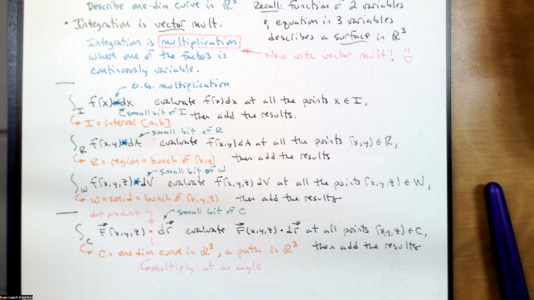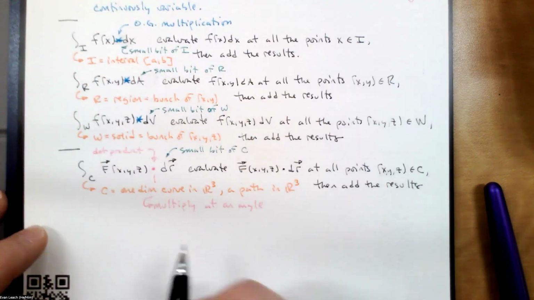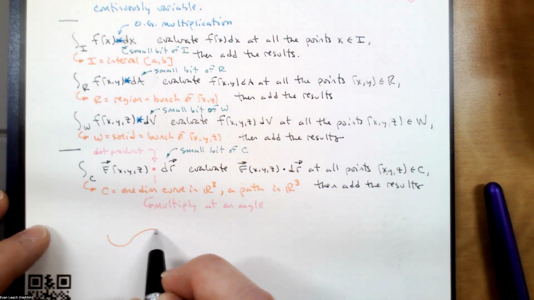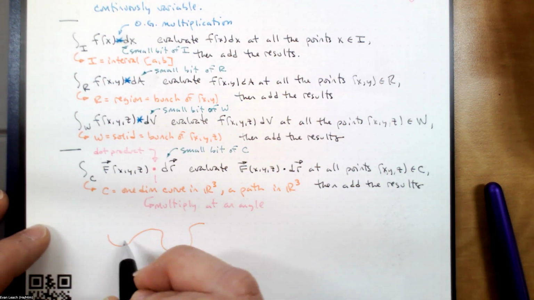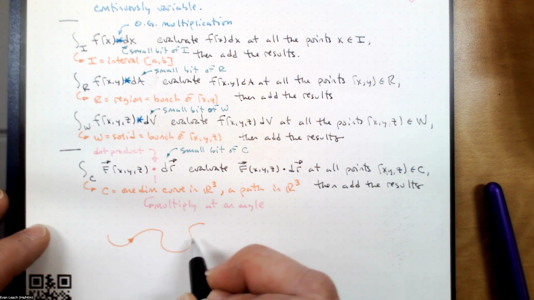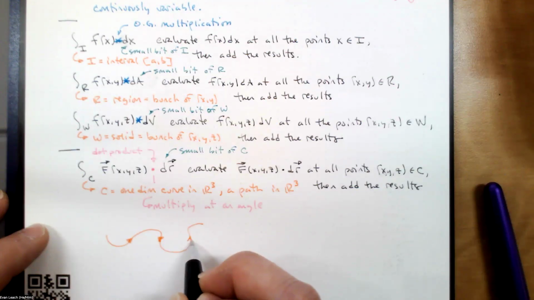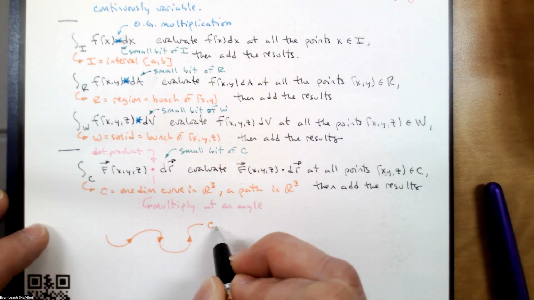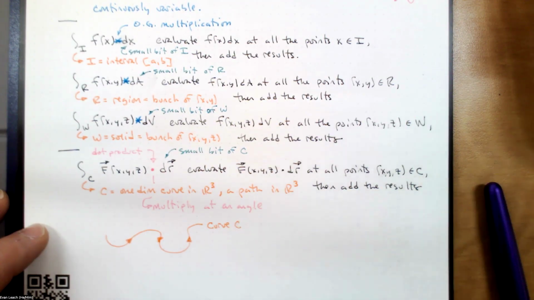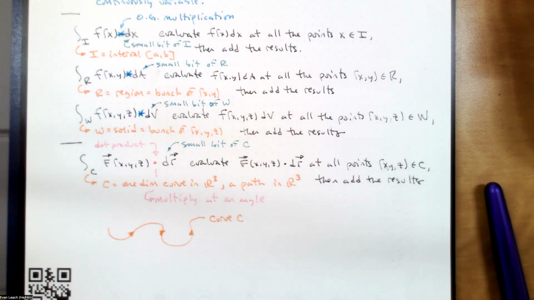In this case, I talked about the curve. So there's some curve rolling around in R3. It's going to have to have a direction. The dr would just be a little piece of tangent vector at any given point.